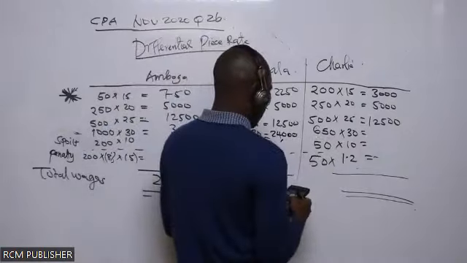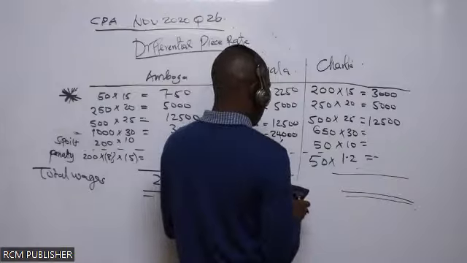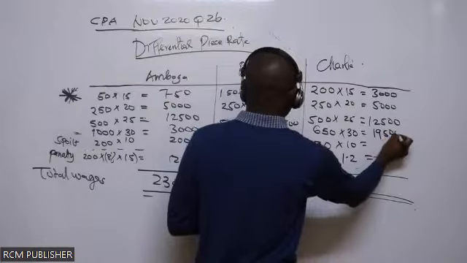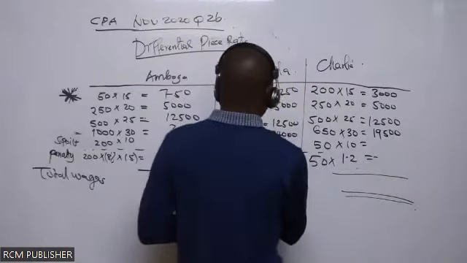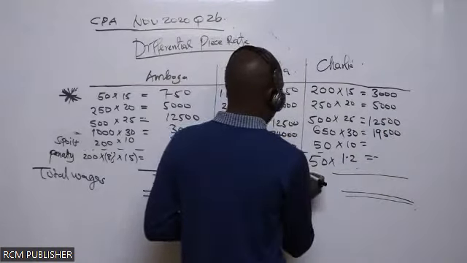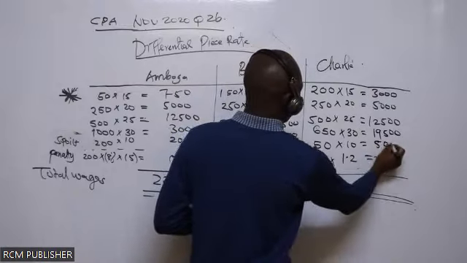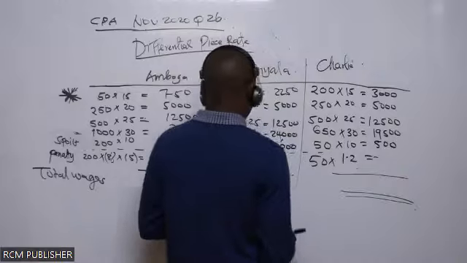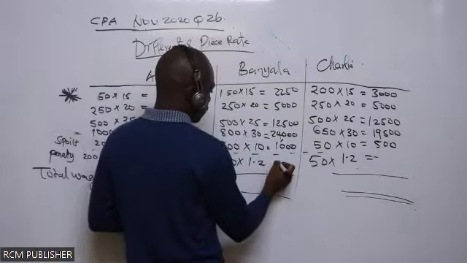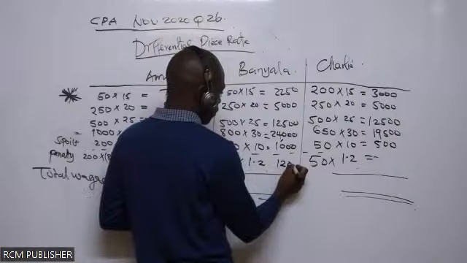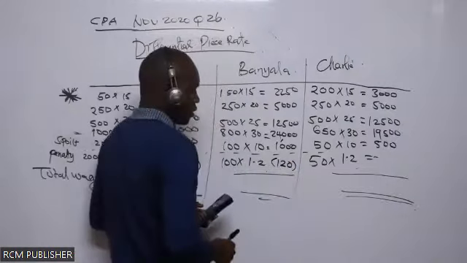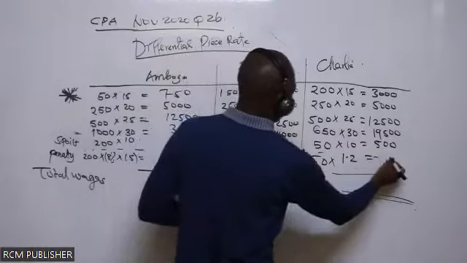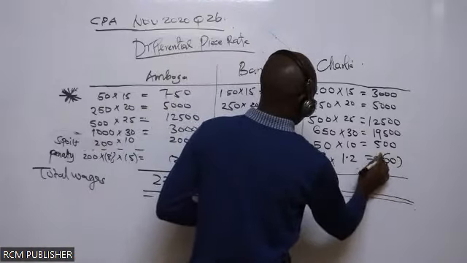650 by 30 will give me 19,500. Then I have 1,000 here. I have 500. Then 100 by 1.2 is 120. Of course, a deduction 1.2, I think this one will be 60. A deduction.